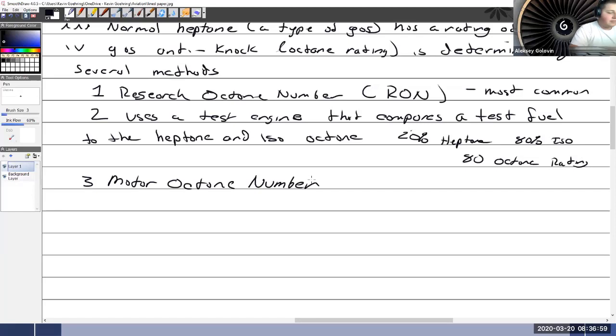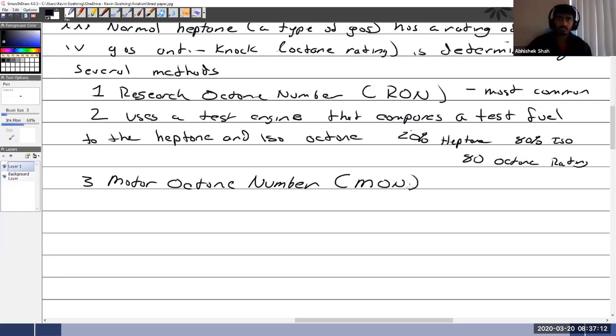So the motor octane number, which we shall call the MON. This is where you're getting to MON divided by RON, or vice versa. Ah, you ruined it. Yes, that's exactly what it is. So this is a little more complicated.